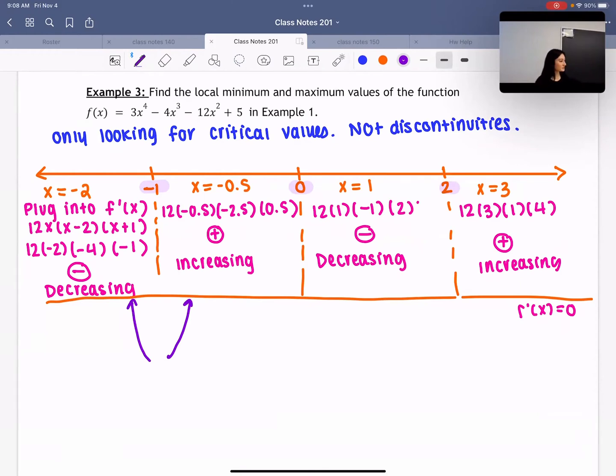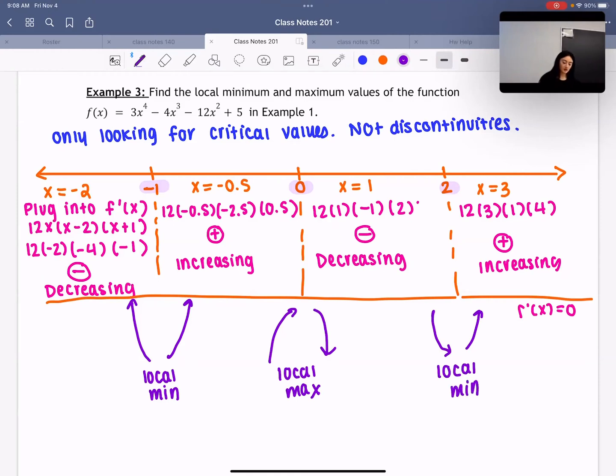We go from decreasing to increasing, which you can either memorize means a local min, or you can just draw a picture and look, okay, it looks like a U, that's a local min. Okay, at 0, it looks like we go from increasing to decreasing, local max, right? And then at 2, we go from decreasing, negative, to increasing, positive. So that's also a local min.